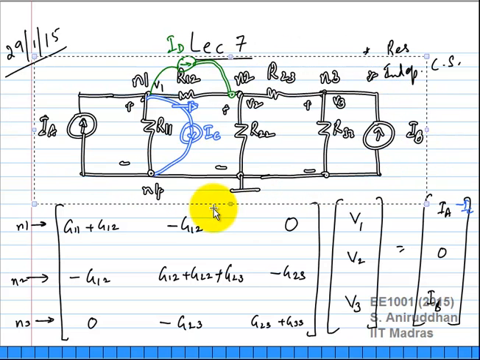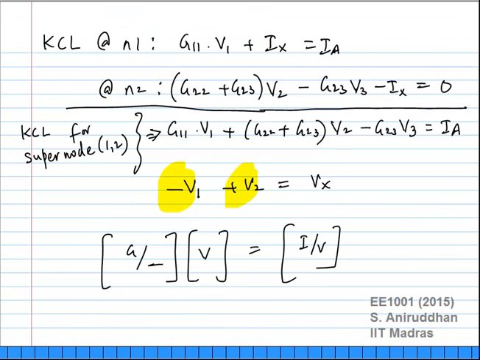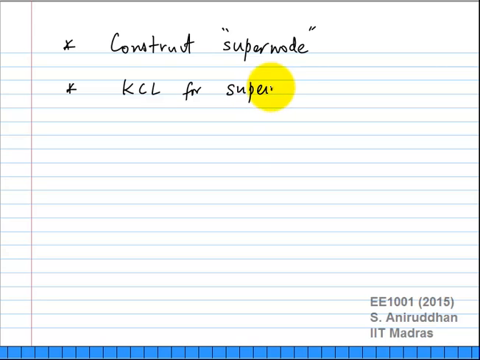I'm going to take the same network. So what do we do when we do the supernode? Construct the supernode first, if you want to solve for circuits containing independent voltage sources also. Next step, you write down KCL for the supernode and other nodes.